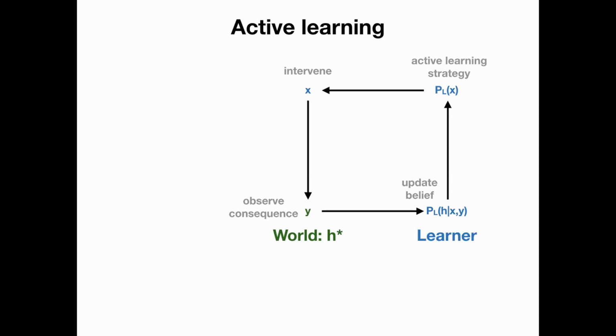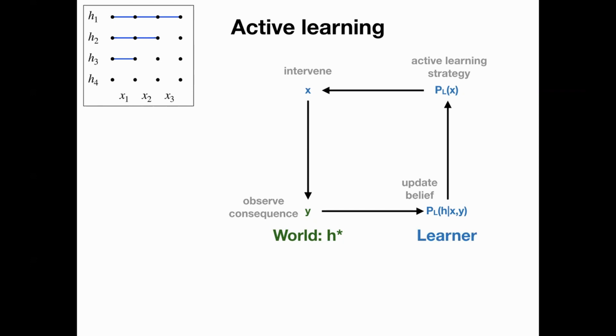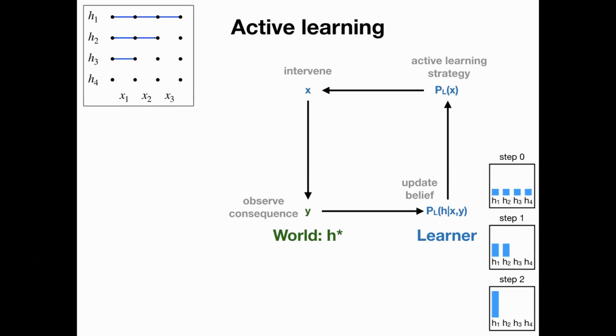If something concrete helps, imagine that the world can be one of these four hypotheses. As the learner makes interventions and observations, his belief about the world will update. Eventually, he will be fully certain which of the four hypotheses represents the world, which is denoted by H star.